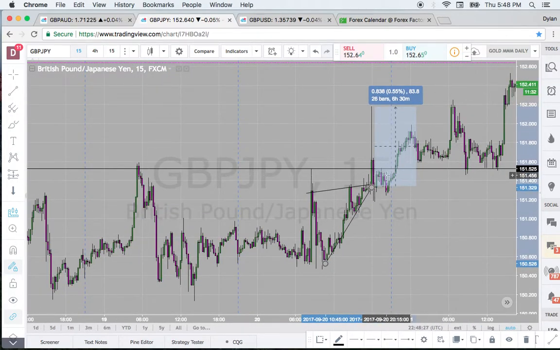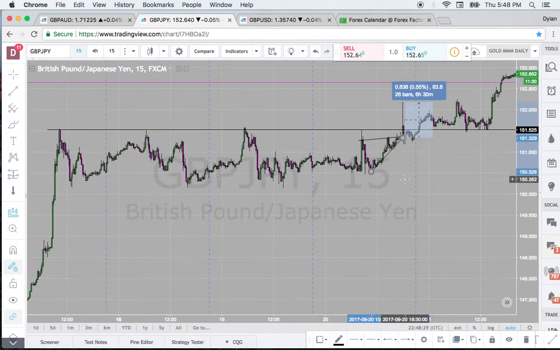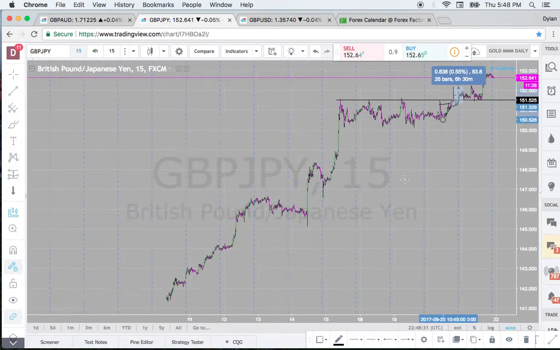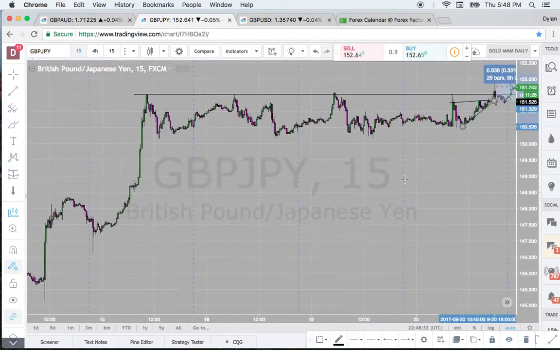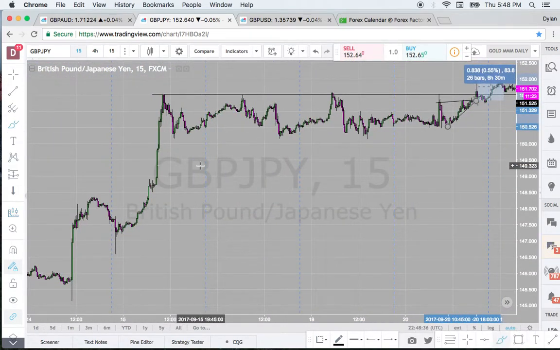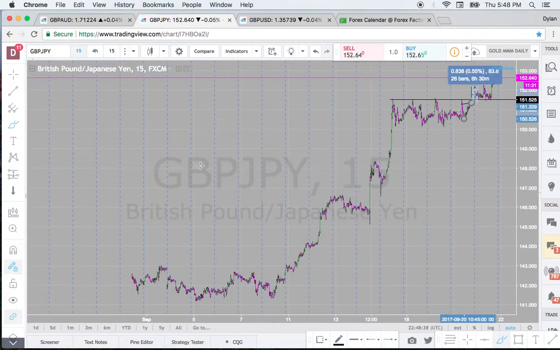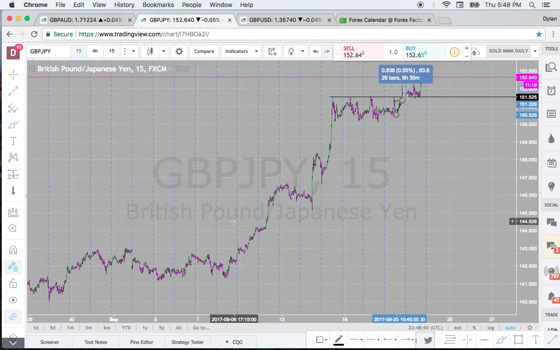So what I want to make clear, you guys, is when trading M and W formations, always go with the trend. Until you understand how a trend works, don't go against the trend, or you'll get burnt.